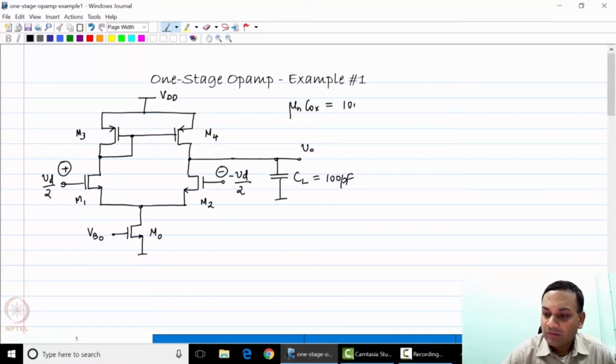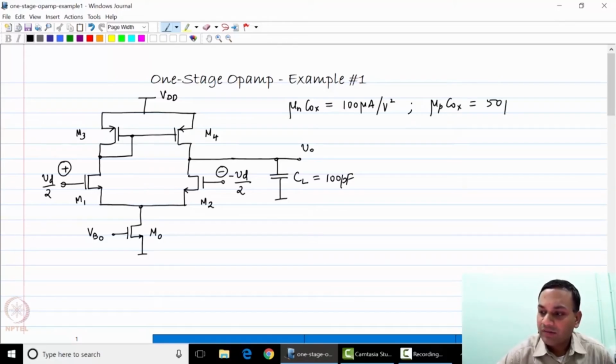Mu N Cox is 100 microamp per volt squared. Mu P Cox is 50 microamp per volt squared.